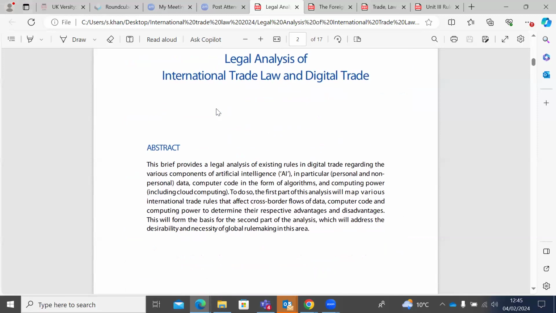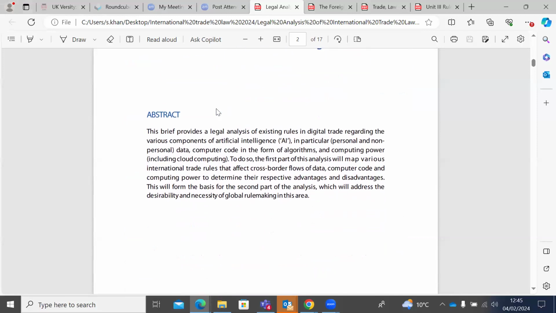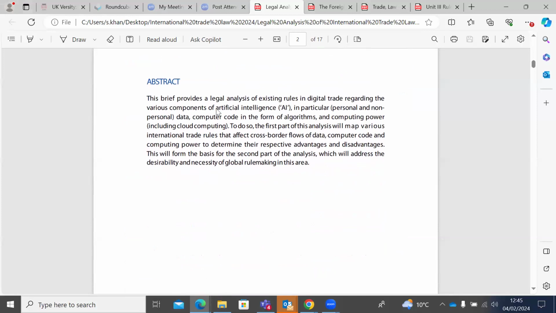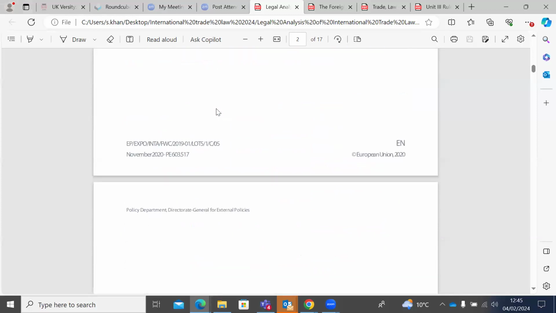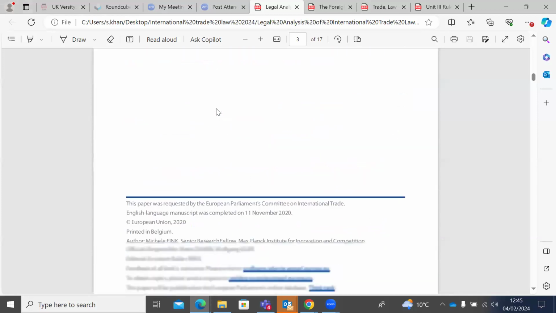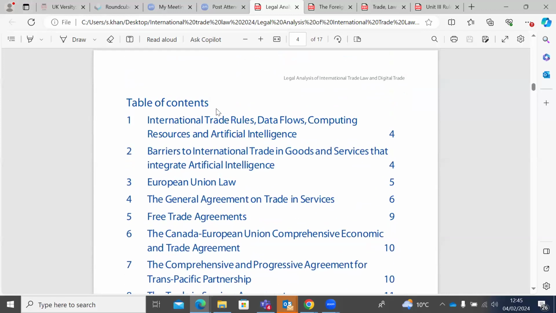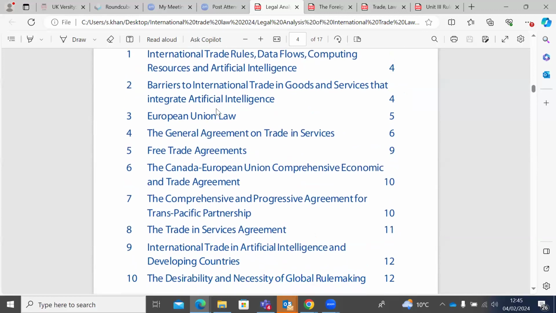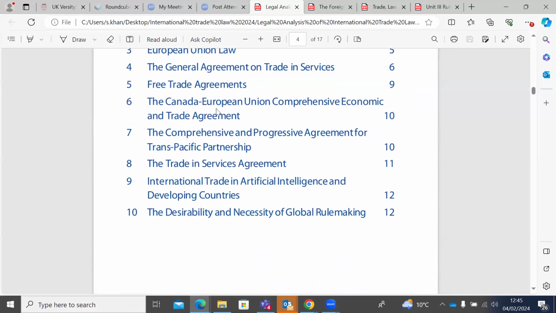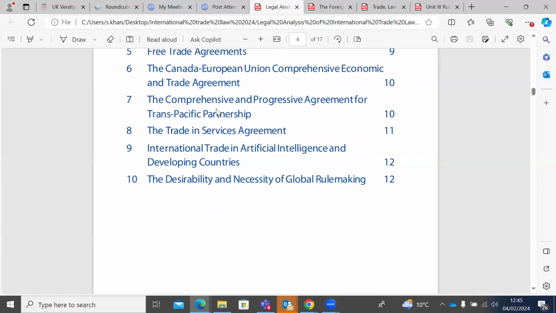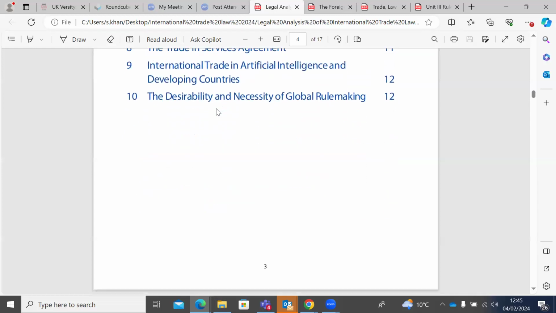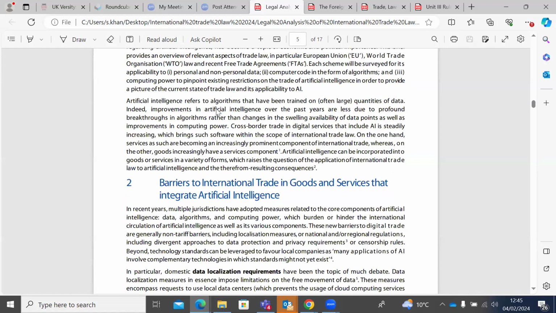It analyses the components of AI within international trade and the issues around personal data, GDPR, and how that has affected free trade organisations, barriers to international trade, European Union law, free trade agreements, also trading services and the desirability and necessity of rulemaking. So it looks at elements of barriers to trade with AI, because that's a big thing at the moment. This is also on Moodle for you to have a look at.